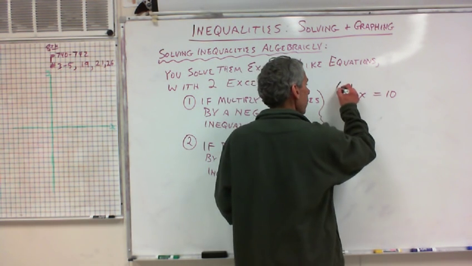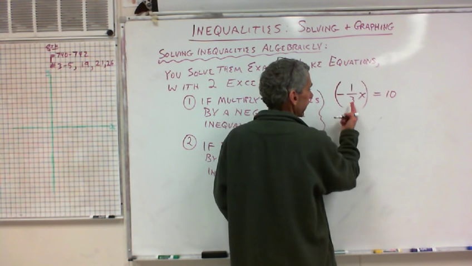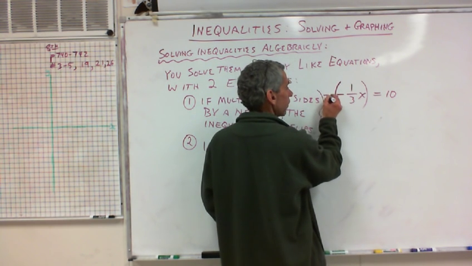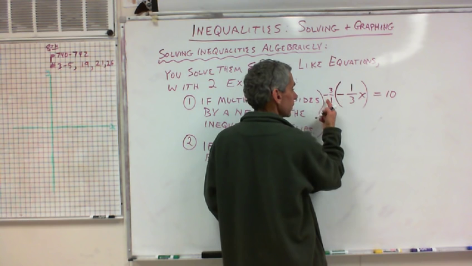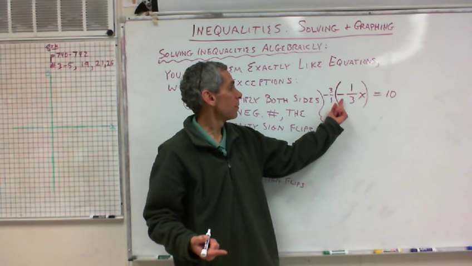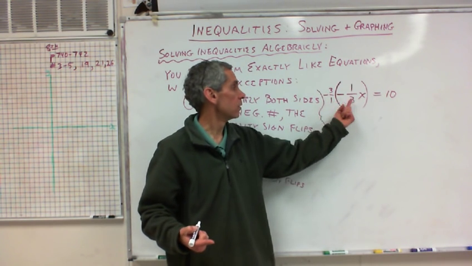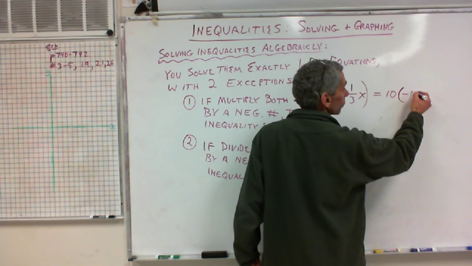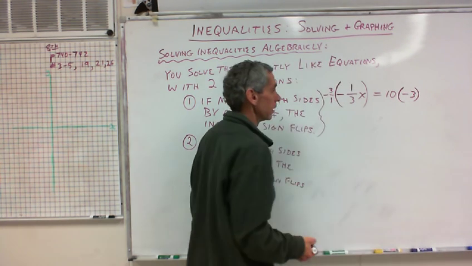So what could I multiply negative 1/3 by to make that equal 1? Negative 3 over 1. See how that would turn that into a positive 1? I'm just multiplying by a negative reciprocal, right? And so on this side I'm going to multiply by negative 3 over 1, which is the same as negative 3.